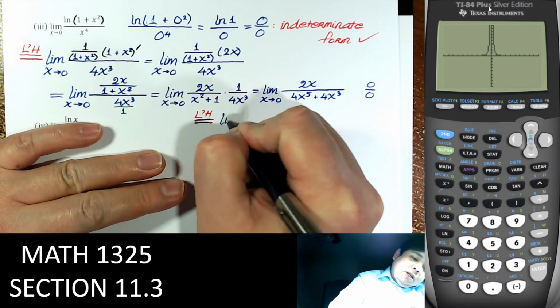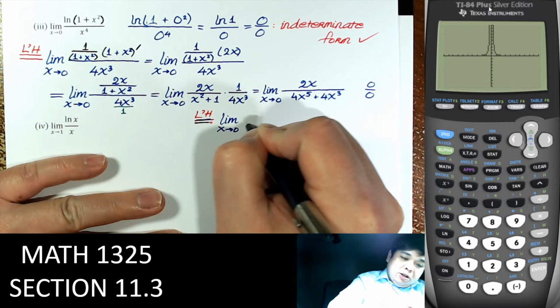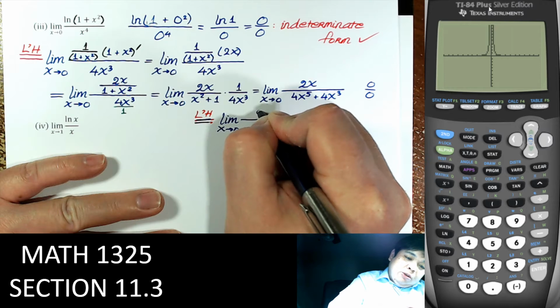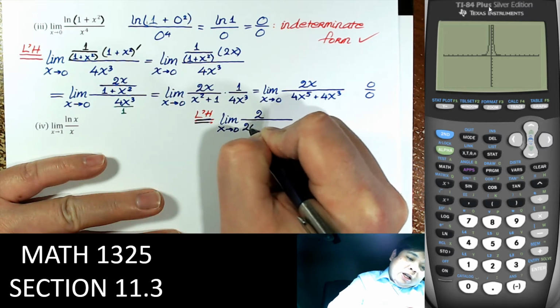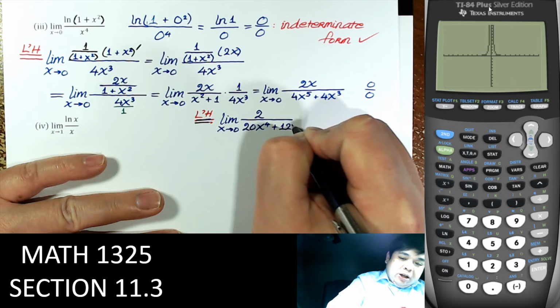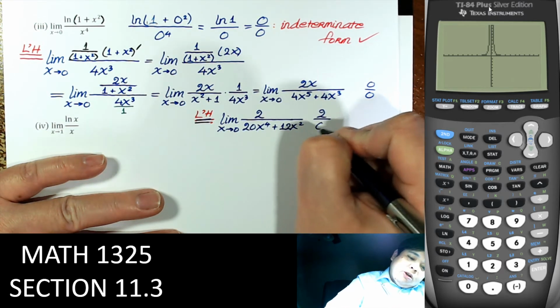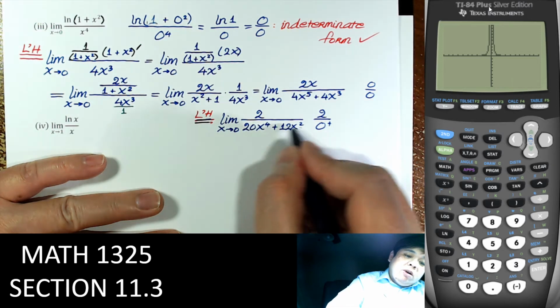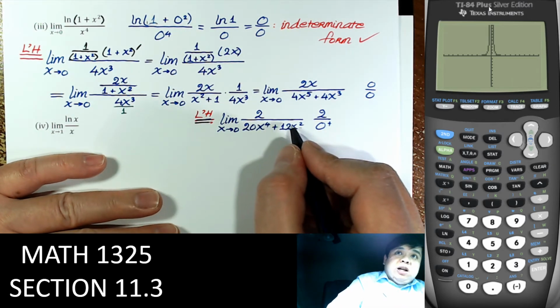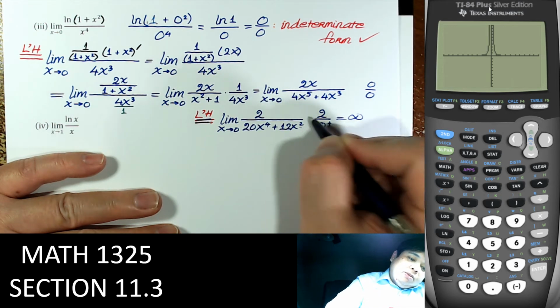We have the limit as x goes to 0 of 2 over 20x to the 4th plus 12x squared. That is 2 over 0, but it's positive because both of them are to an even power and cannot be negative, so that equals infinity.